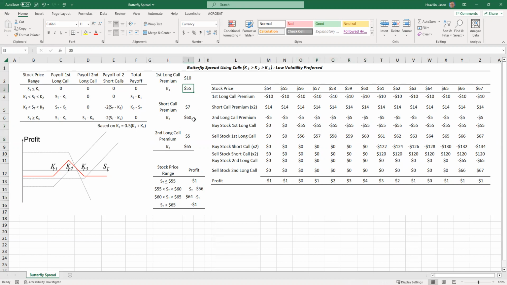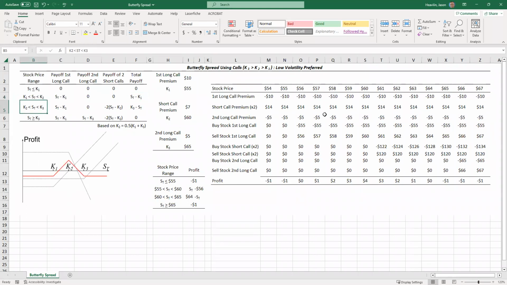So it was exercised, but not here, not here. So that one has a payoff there, but the other 2 positions do not. So this plus this plus this equals this. And the way you calculate it is the stock price at time in the future minus K1. So it's going to be a range. That's what we said, the range here.